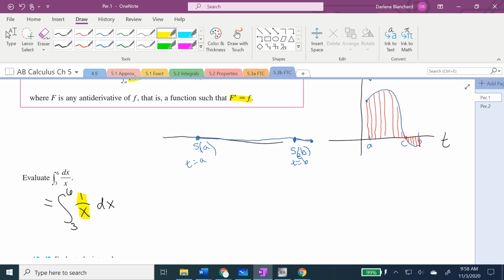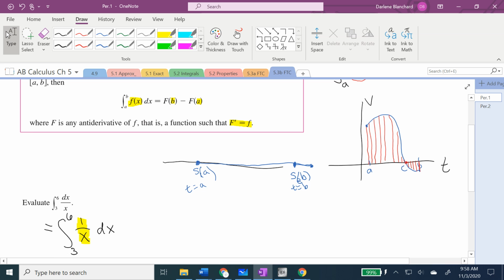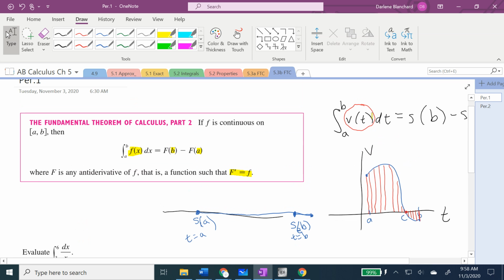The thing is, when we integrate velocity, we have to multiply velocity by a time increment to get it to be a sort of distance. But when I do the actual antiderivative of the velocity function, I'm using a shortcut.